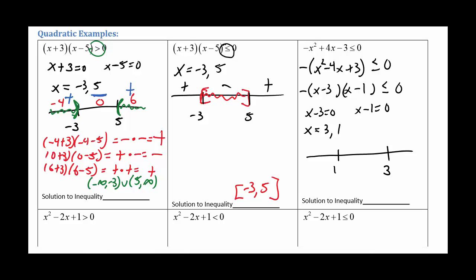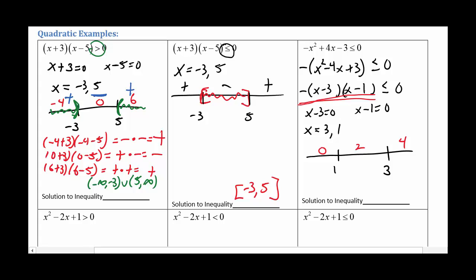Okay, so then from here, I want to pick some test numbers. So something smaller than 1, like 0, something between 1 and 3, like 2, and something after 3, like 4. And then I'm going to evaluate that in my factored form up there. So I'm going to look at this statement right here.